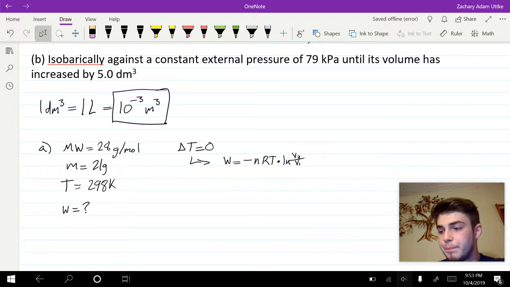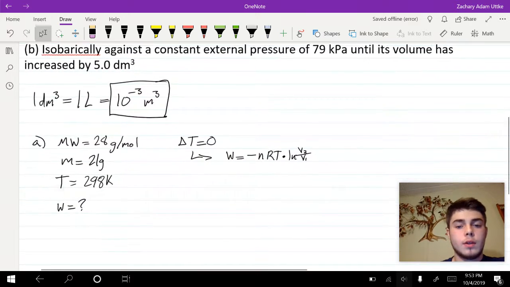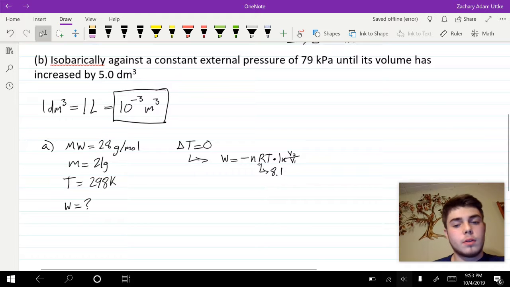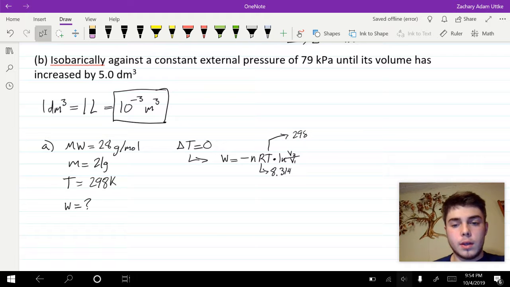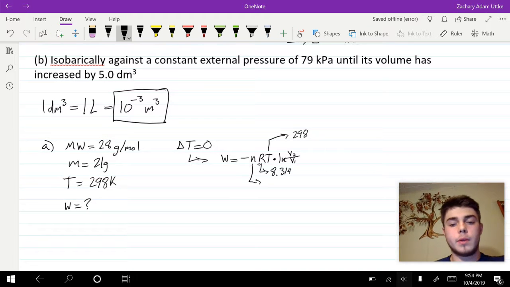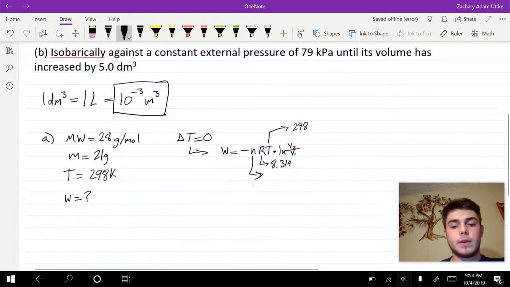R is a constant, 8.314. T was given as 298 Kelvin, and n we don't know, but we have the mass of the sample and the molecular weight, so we can figure that out.